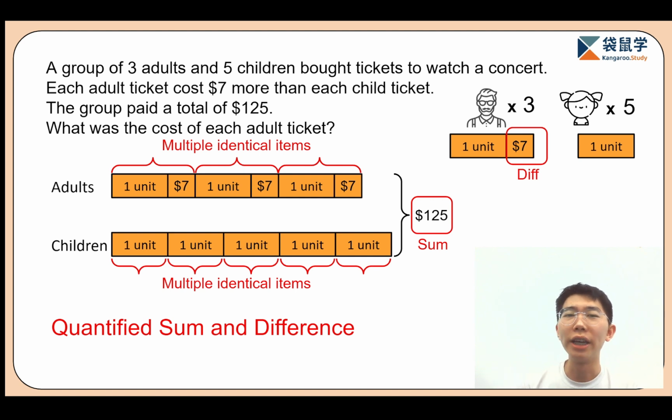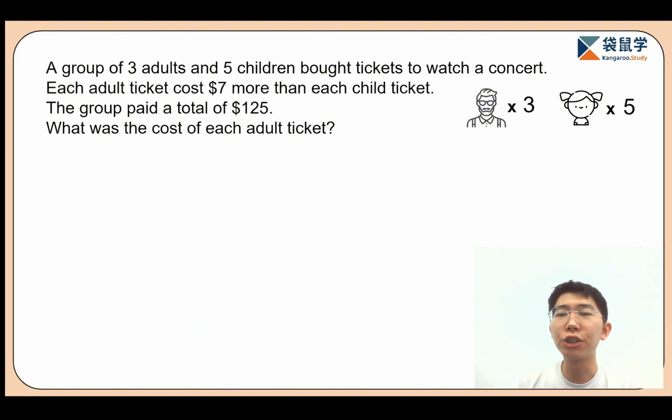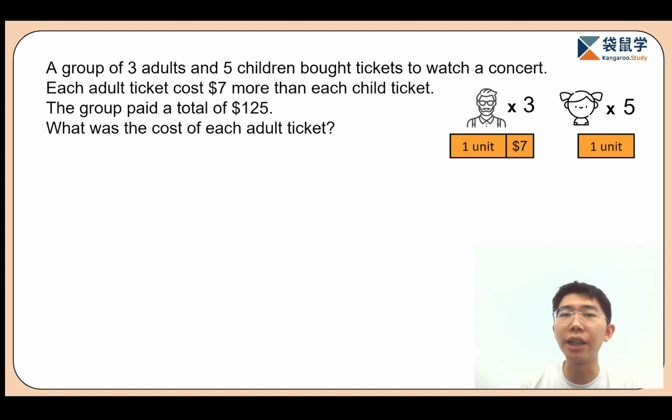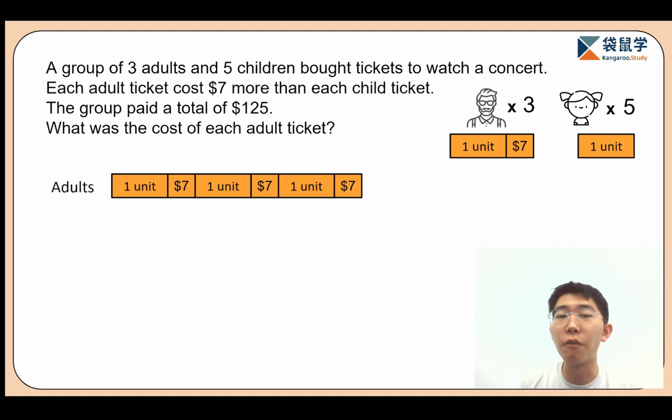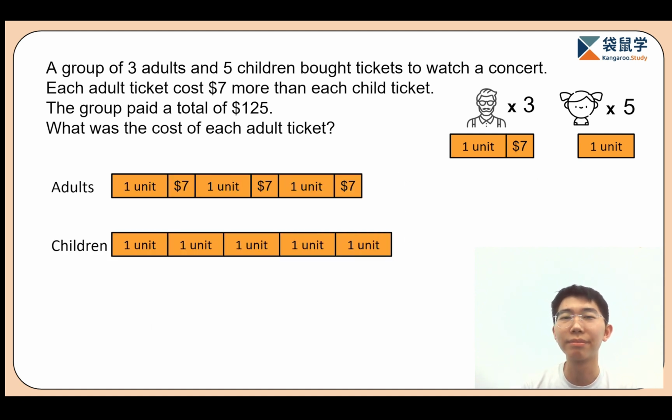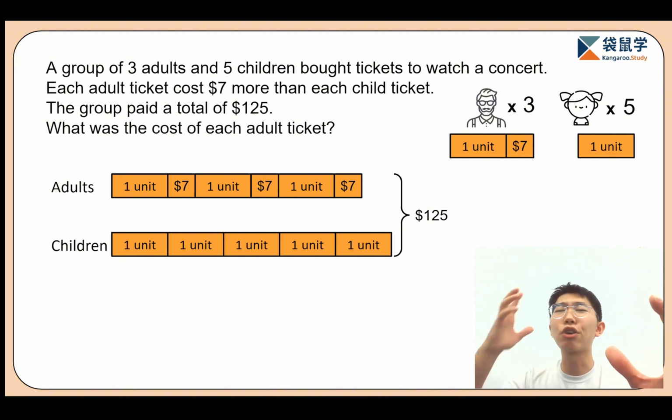Now let's recall, in a quantified sum and difference problem, what have we done to find out the answer? We first draw 2 bars to indicate the value of each individual item in each category. And then we duplicate these bars multiple times. And to find out the value of 1 unit, we first try to locate the number of units and the corresponding value.